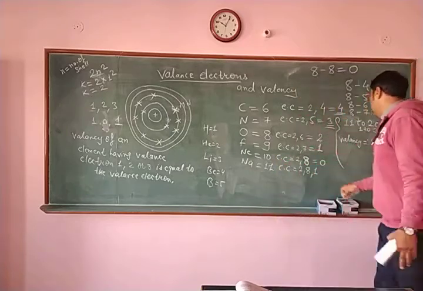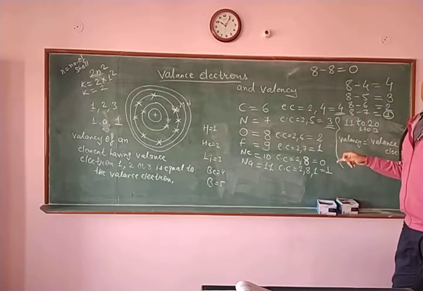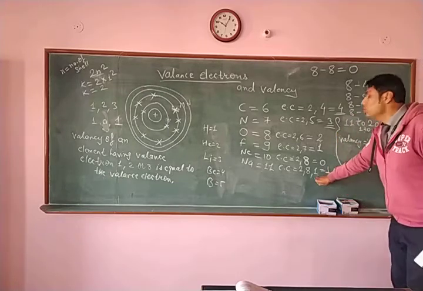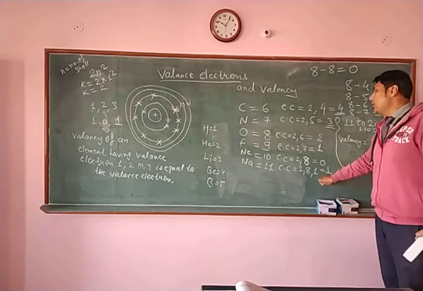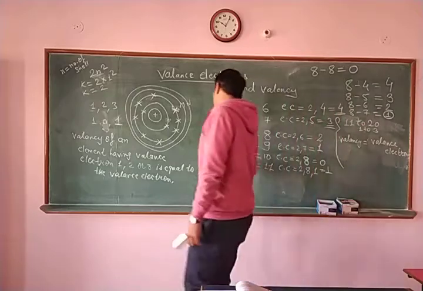So for sodium the valency will be 1, because it needs to lose 1 electron. It is easier for sodium to lose 1 electron rather than gain the many electrons the M shell needs.